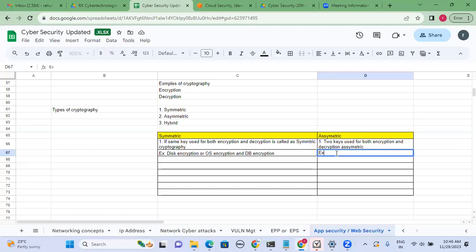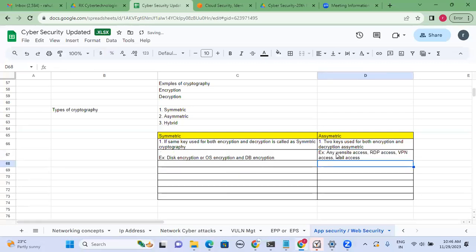Now examples of the asymmetric side are any website access, RDP access, VPN access, and mail access, sending and receiving mails. All these fall under asymmetric.